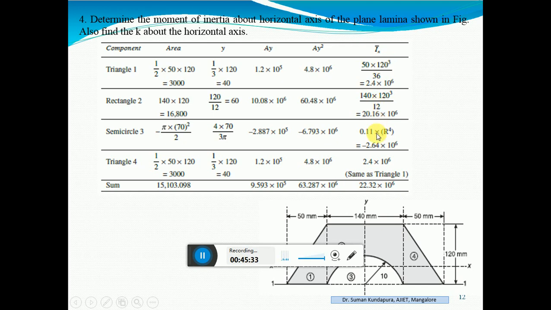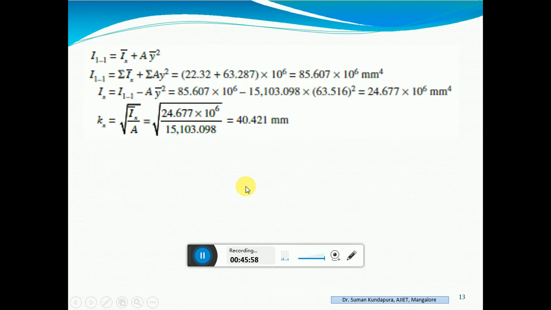For the semicircle we have 0.11 r to the power 4, minus, because it is the cutout portion. So Ix bar we have calculated for all the components. Just sum up everything, find out the summation ay divided by summation a, you will get the y bar.